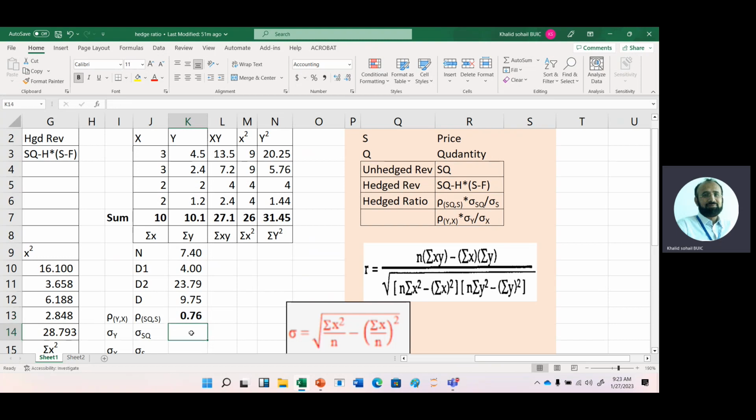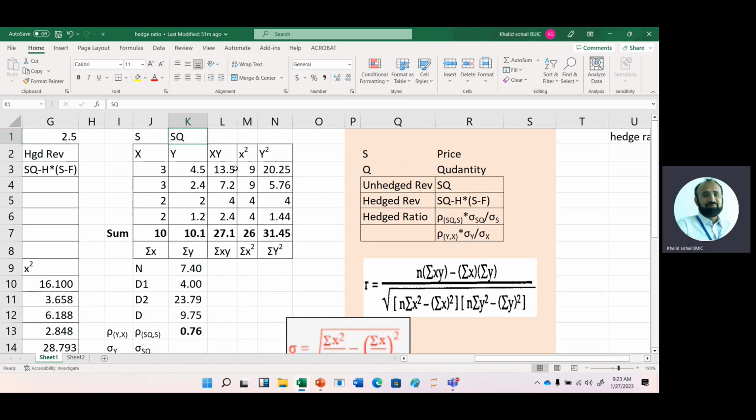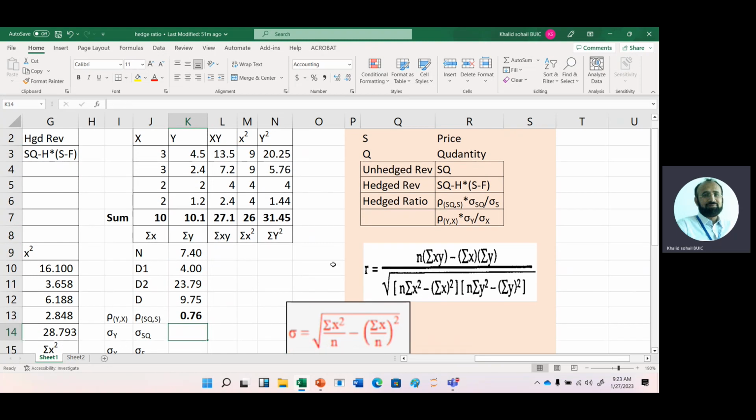And then we calculate the standard deviation of SQ. Here is SQ, this one. Now to calculate standard deviation, we use this formula: n summation x square.